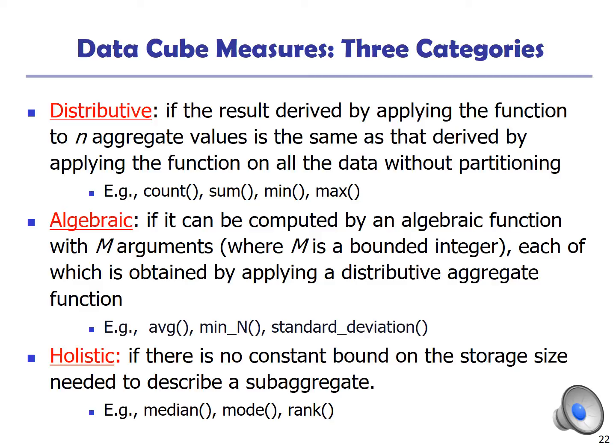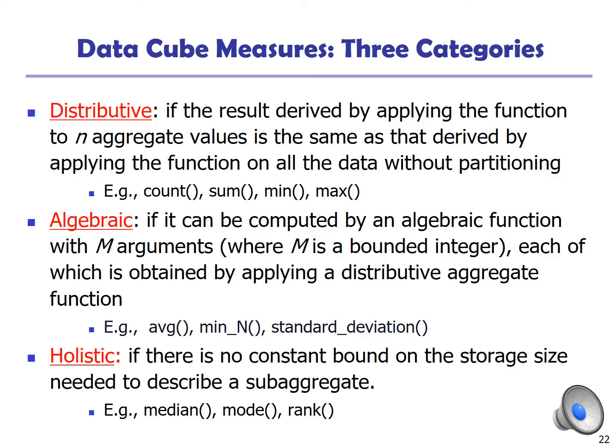So, for example, you have a set of values. If you can find first the sum of all the values using the distributive measure, you can find the count of all the values using the distributive measure, and the sum divided by the count gives you the average. The min_N is a function which finds the first N minimum values.